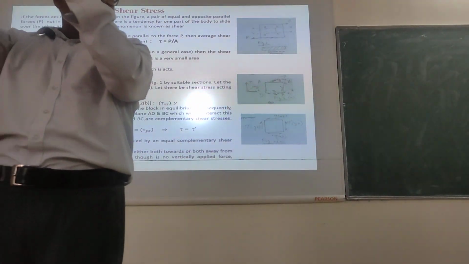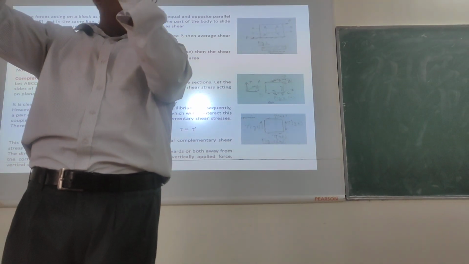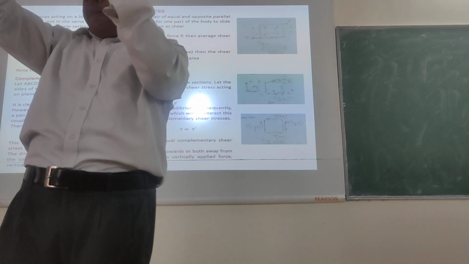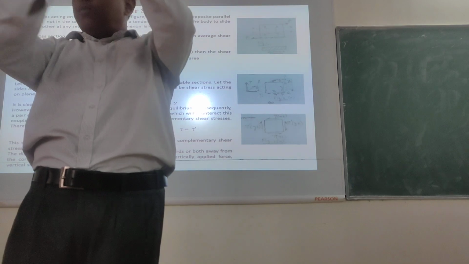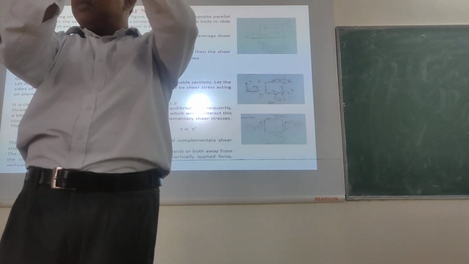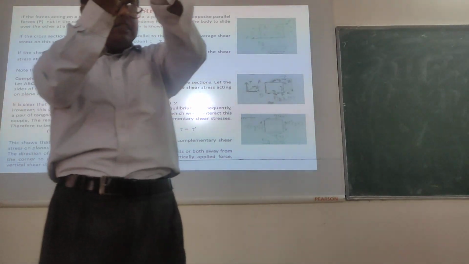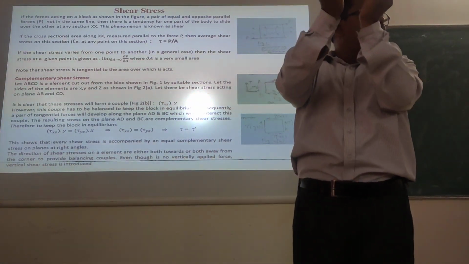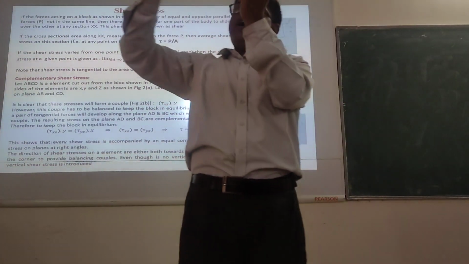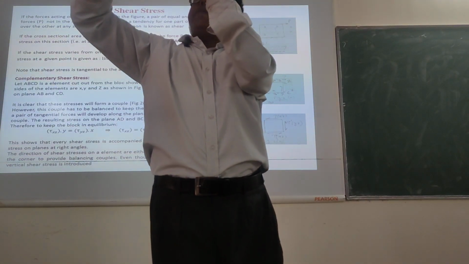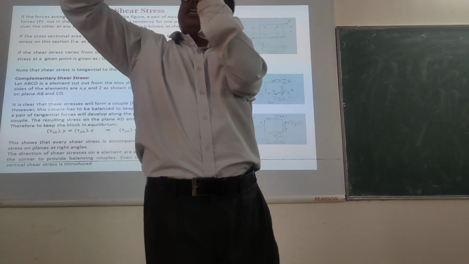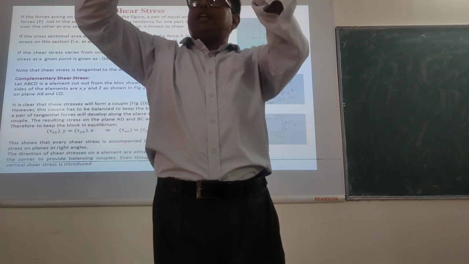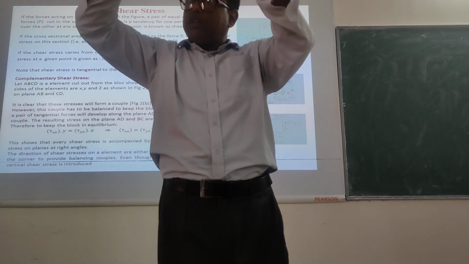If two equal and opposite forces act like this, obviously there will be a couple and a tendency of the body to move in this direction. To resist this, there should be an equal and opposite couple coming from the opposite direction. Correct? So if I am pushing a body with a parallel force in this direction and in this direction, equal and opposite.